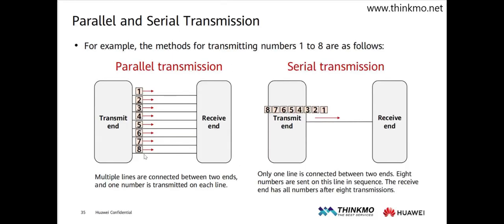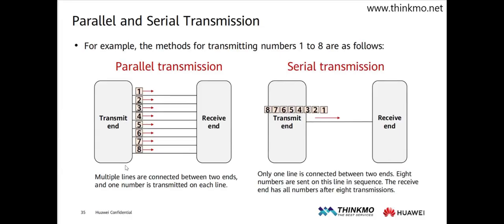We dispatched 8 vehicles simultaneously to transport, right? On this side, with our serial approach, we only dispatched 1 vehicle. The speed on the left is obviously much faster, but it also costs more money. This is one of our considerations. That covers a basic characteristic of parallel transmission, and one of its usage scenarios.